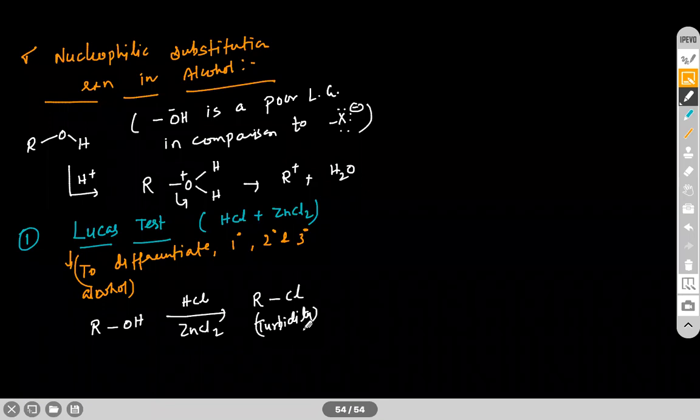The rate of appearance of this white turbidity determines whether the given molecule is 1 degree, 2 degree or 3 degree. How do you understand this?